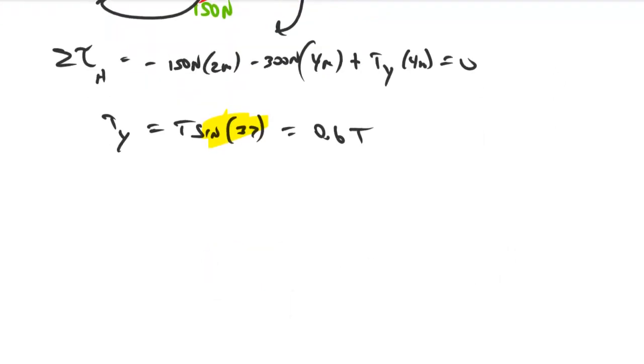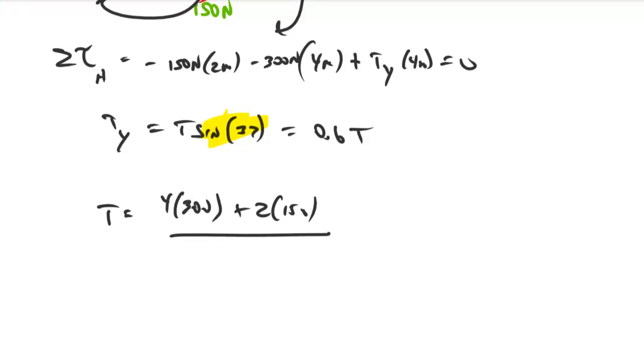So then what we end up with here is that T is equal to 4 times 300 plus 2 times 150, divided by 4 times 0.6.